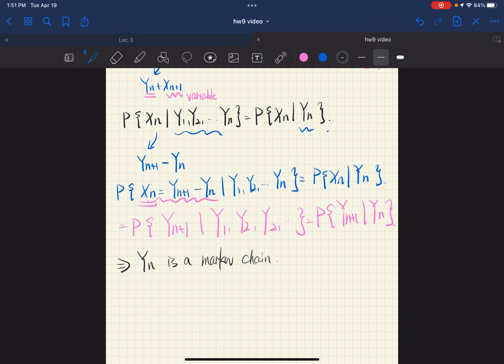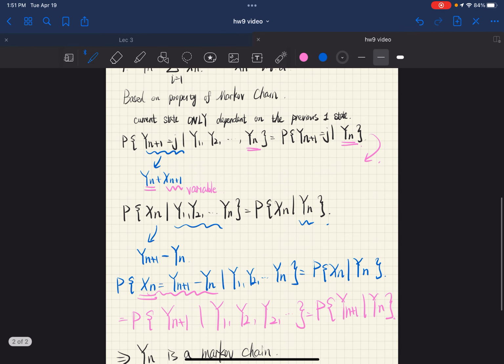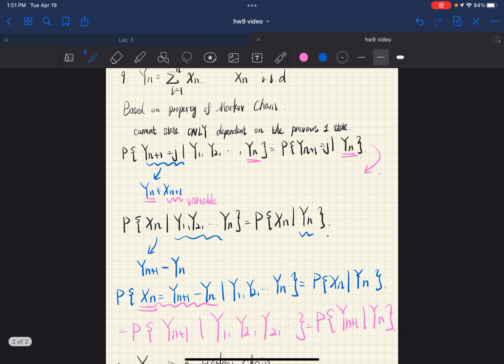I think in this problem, what we need to pay attention to is that we need to use the fact that Xn is an independent random variable, and we need to be able to rewrite Yn plus 1 as equal to the summation of Yn and Xn plus 1.